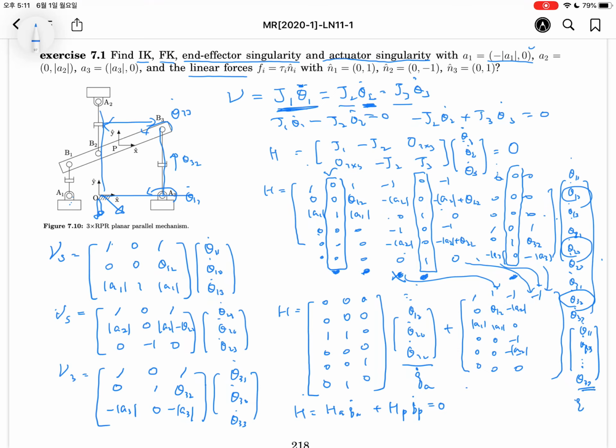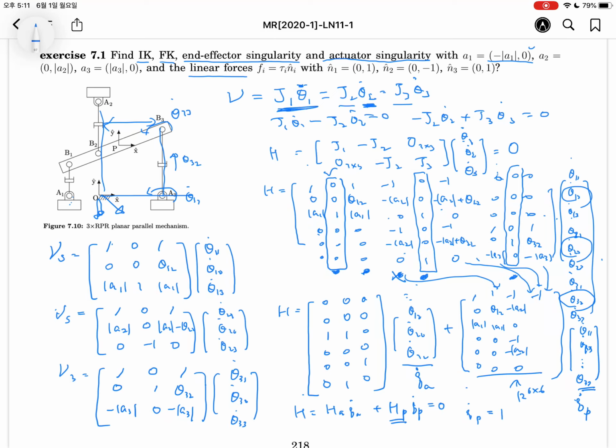Let's denote these 6 elements as QP dot because they are passive joints and there are no actuators in QP. So HP has full rank. It belongs to 6 by 6 real space.